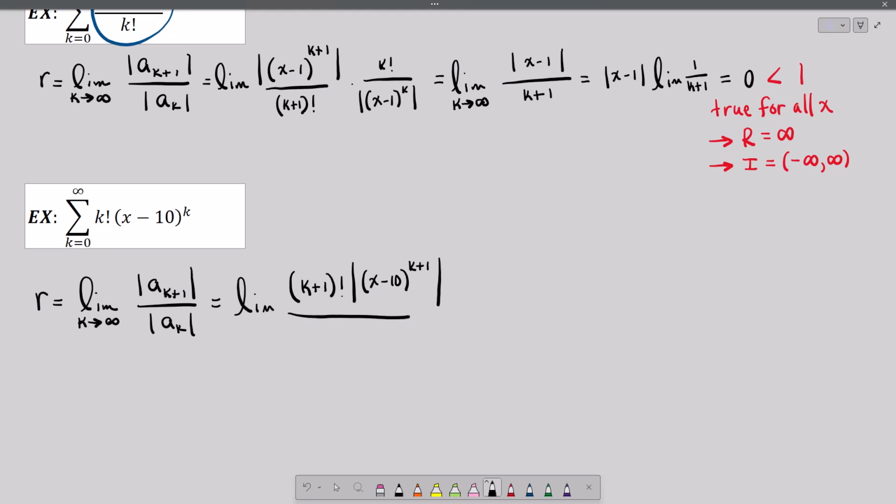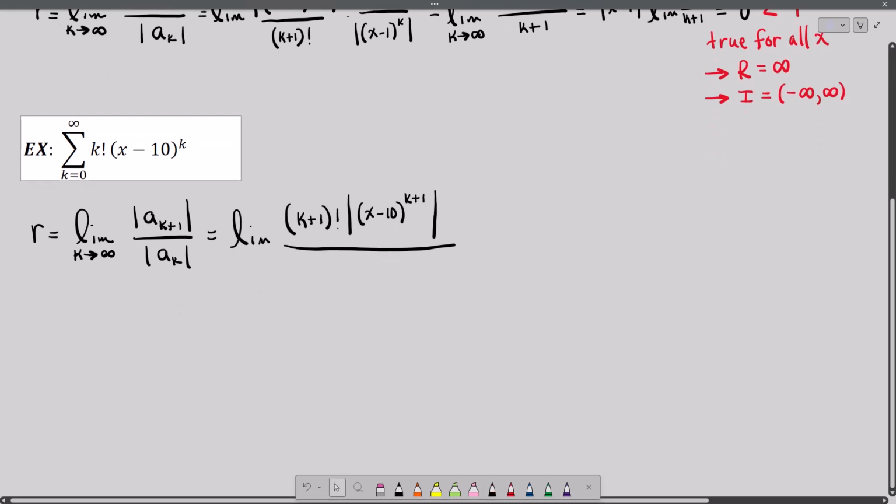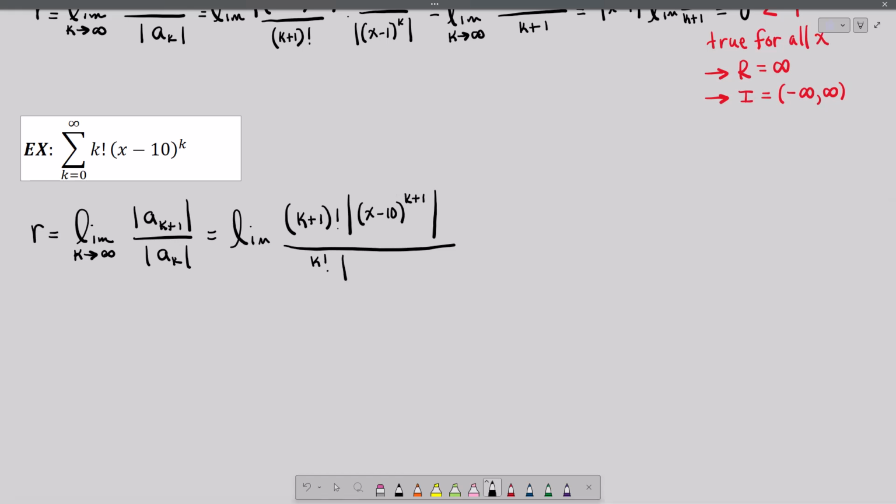That's a sub k plus 1. And then we divide by absolute a sub k. For a sub k, we have the k factorial, and then we have the part that could be negative, so we have to have absolute value bars.